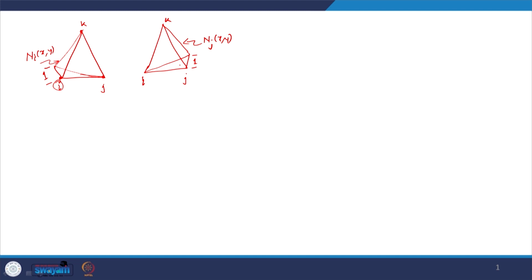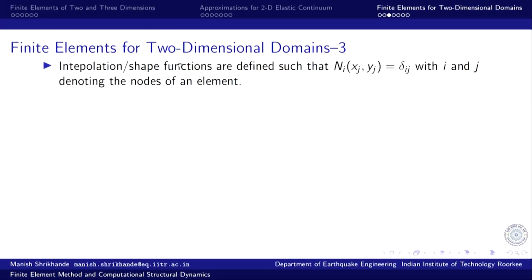So, this is the variation. This is how these interpolation functions vary over the domain, and together they will have this approximation constructed for the finite element model.